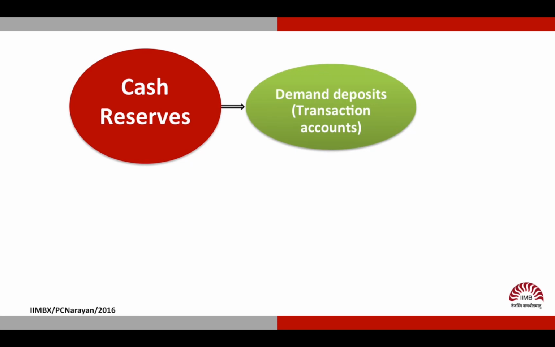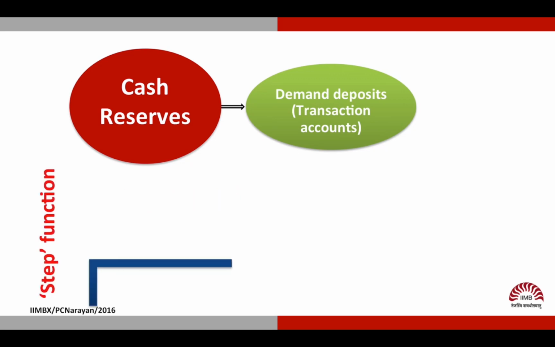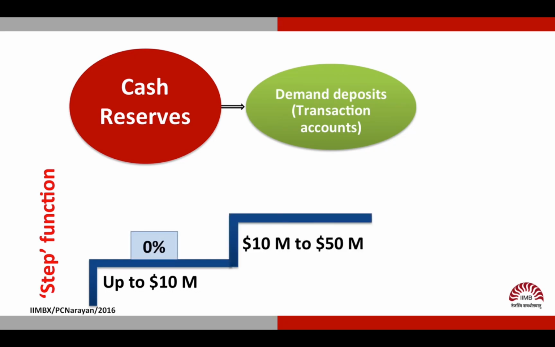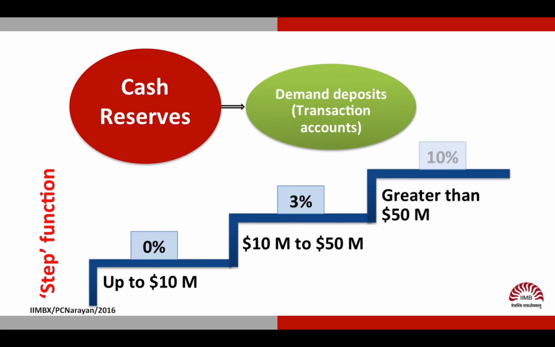Furthermore, the cash reserve to be maintained by any bank is a step function. For example, up to 10 million, 0%, 10 million to 50 million, 3%, greater than 50 million, 10%. We will see these computations in greater detail in just a little while from now.